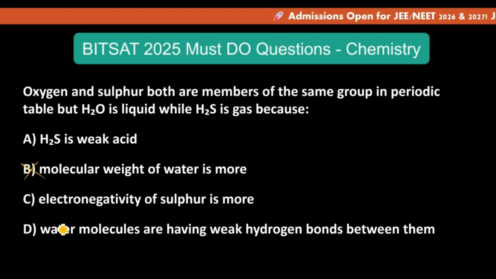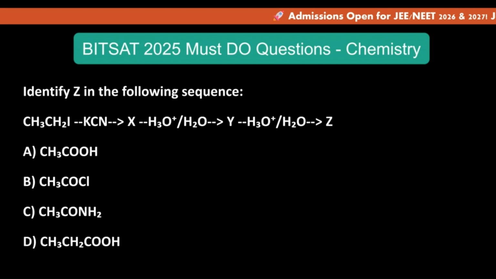Comparing statement D, water having weak hydrogen bonds between them, that is true. H2S is a weak acid, but it does not explain the difference in physical state, and it is not the primary reason. And electronegativity of sulfur is more, that is also not true. So option D is your right answer.